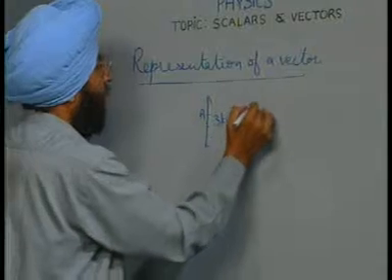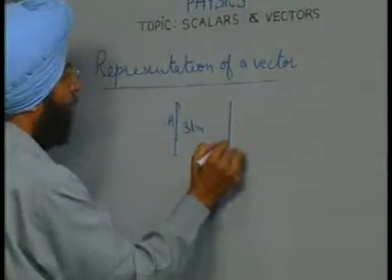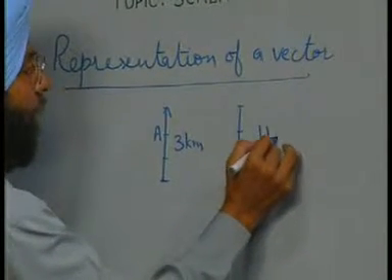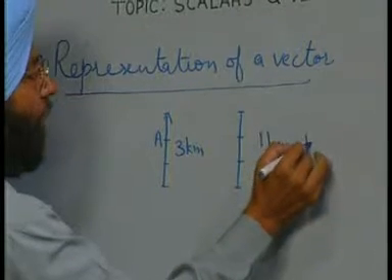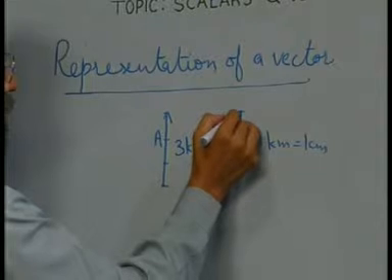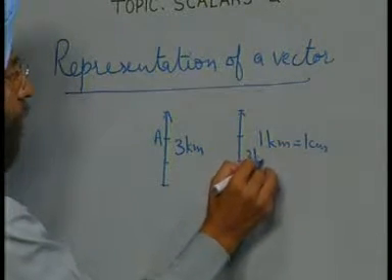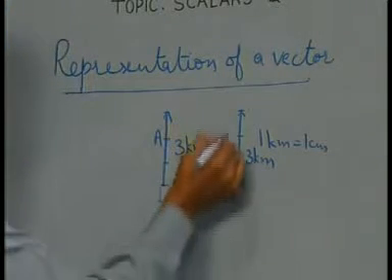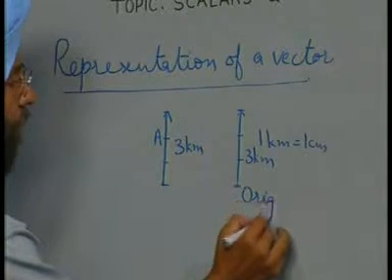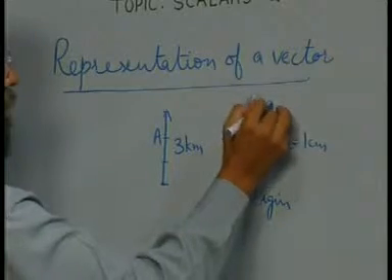Then to represent this, we need a scale. We take a scale 1 kilometer is equal to 1 centimeter. So, on this scale this length of 3 centimeters will represent 3 kilometers and direction of A is from tail of the vector to head of the vector.